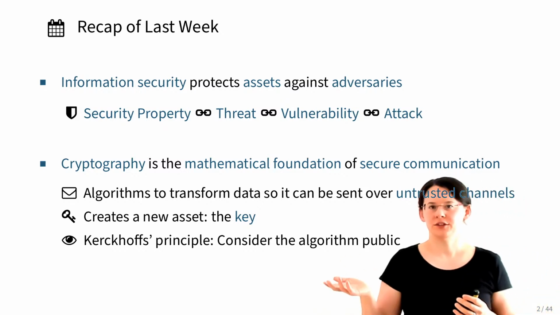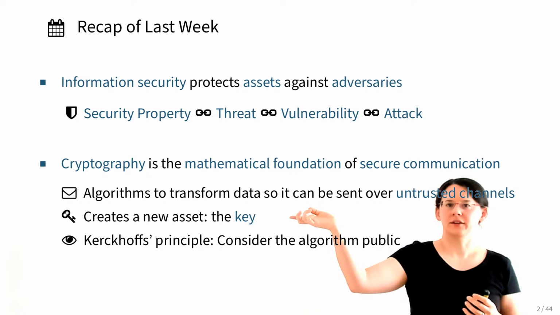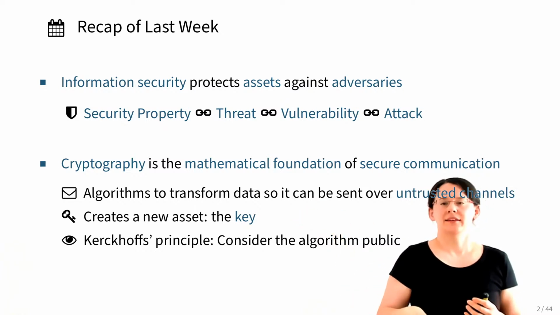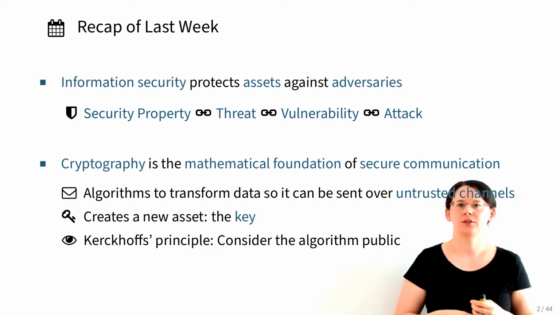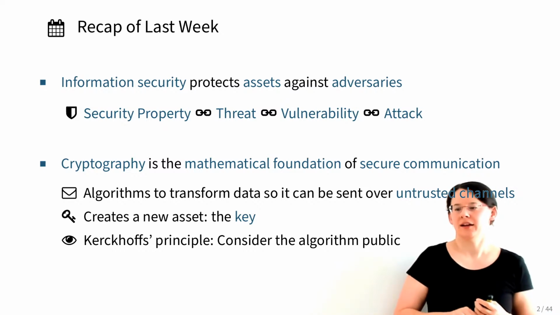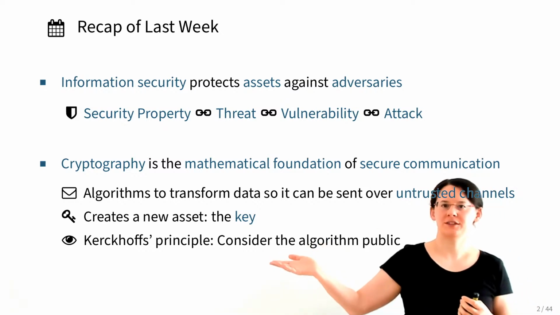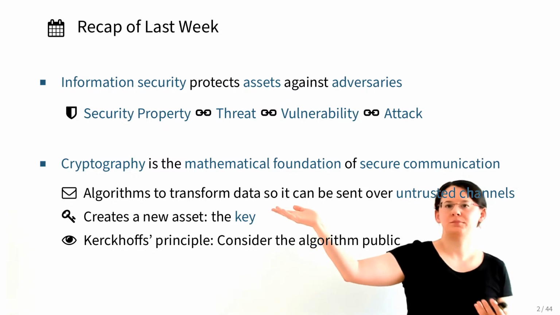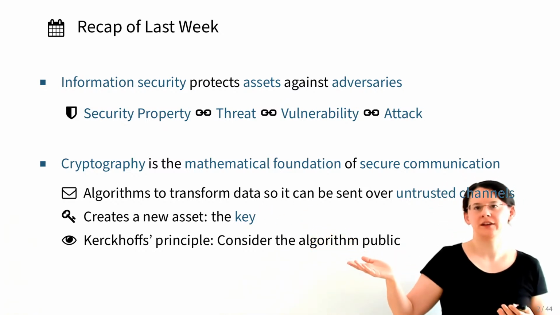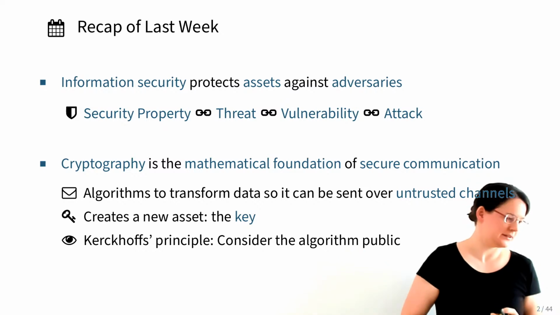So we replaced the original asset, the data, with a new one, the key. And the key is the only thing in the whole thing that needs to be kept secret in order for the crypto system to be secure. And this is also what Kerckhoffs's principle says, namely that any algorithm we use to do this should be considered public, known to the adversary, and only the key should hold the secret.